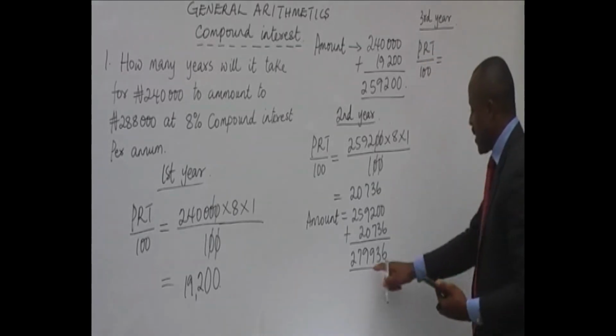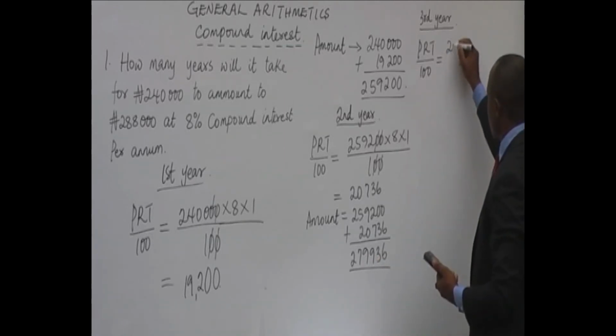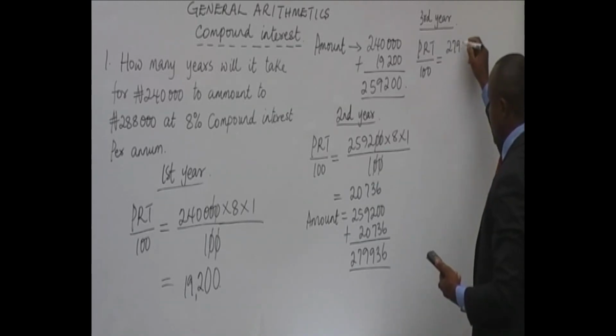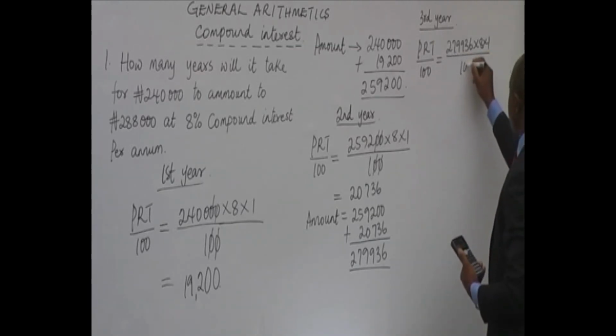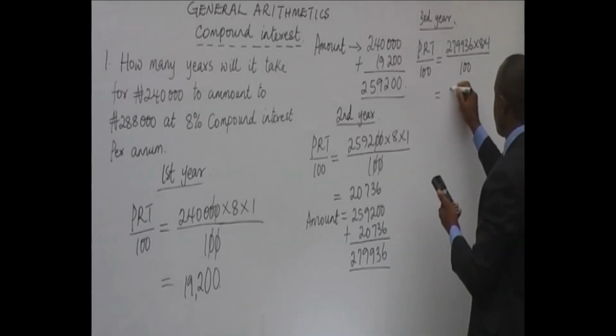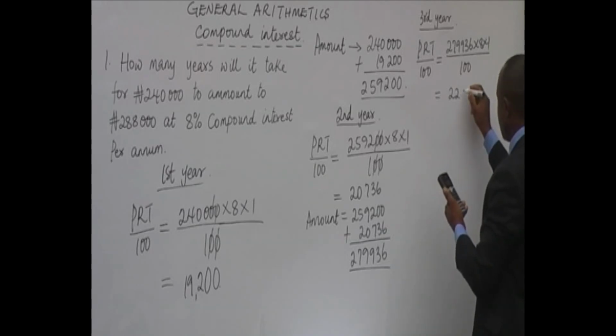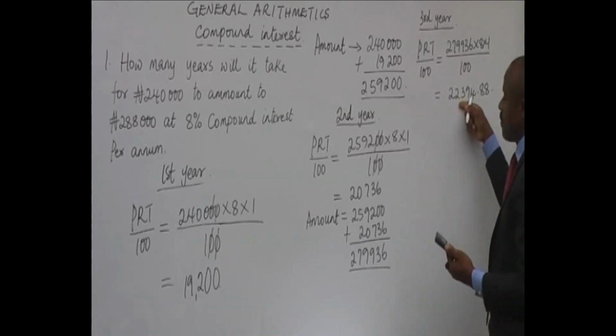Our principal now is 279,936, times our rate and times our 1 year, divided by 100. Let's multiply out. This is giving us 22,394 naira 88 kobo. Now this is the interest for the third year.